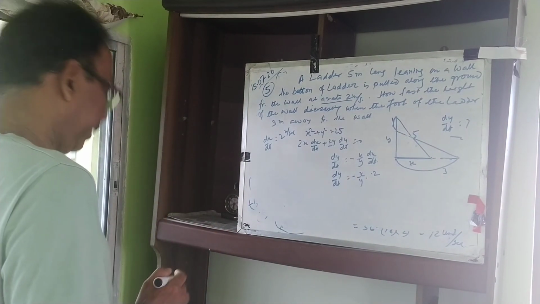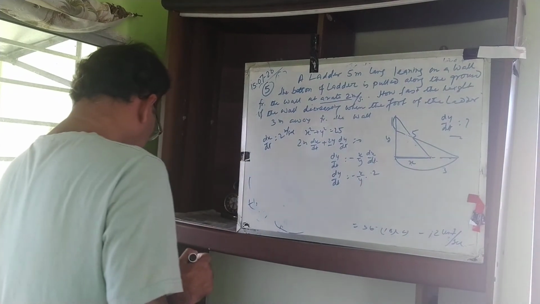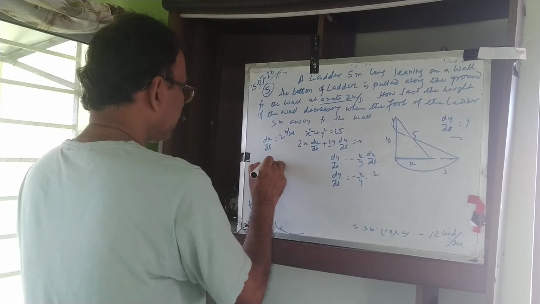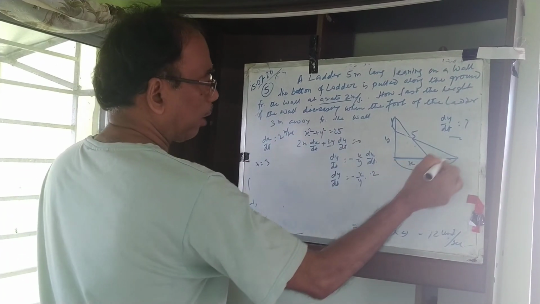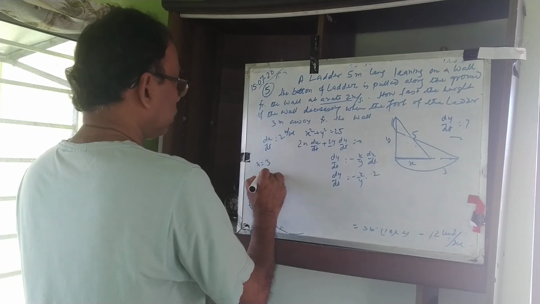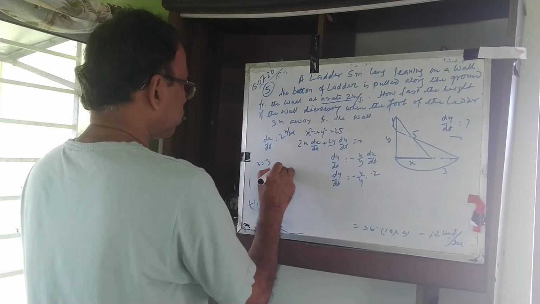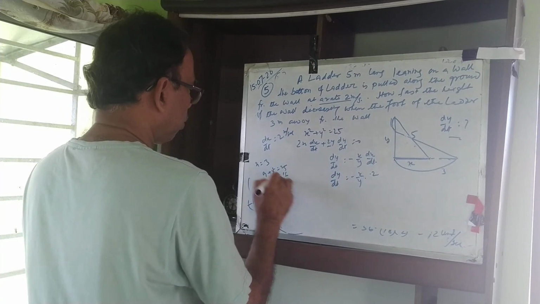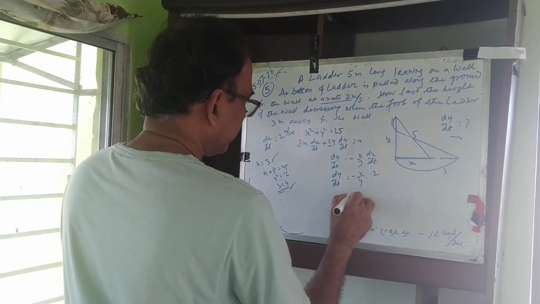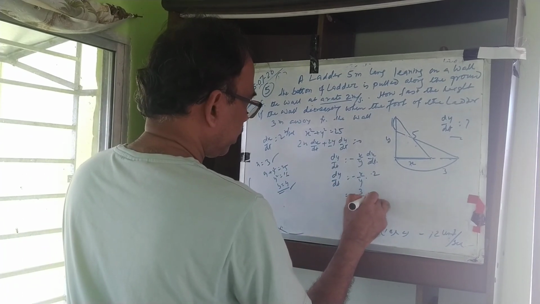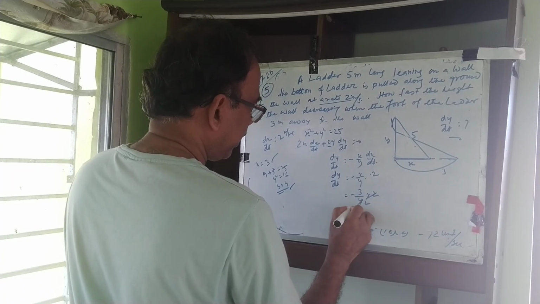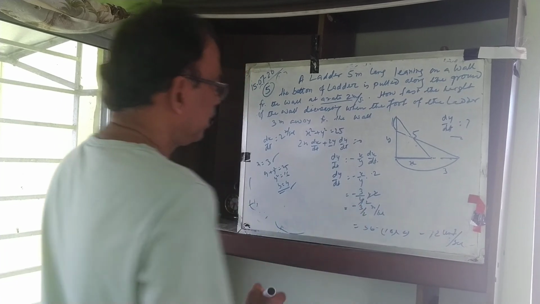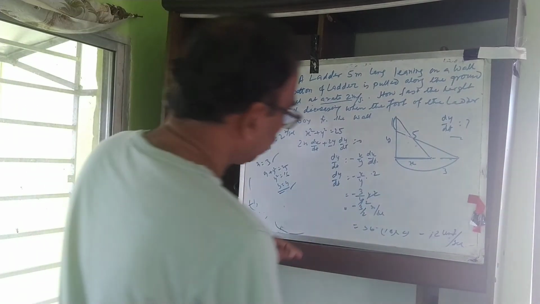Now when x is 3 meter away, what will be y? So 9 plus y square equals 25, y square is 16, y equals 4. When x is 3, y is 4. Put it here: minus 3 by 4 into 2, that is minus 3 by 2 meter per second. The dy by dt is minus 3 by 2 meter per second.